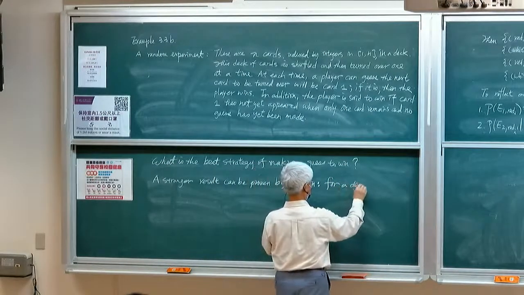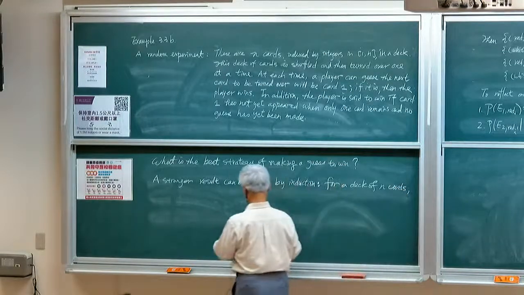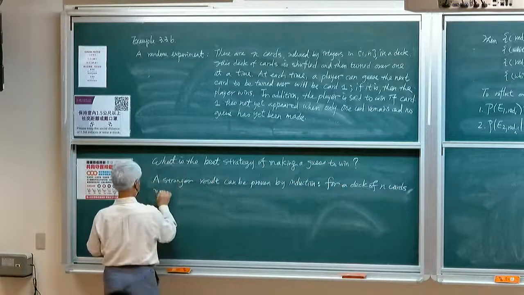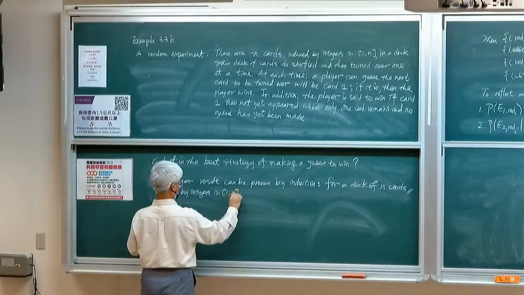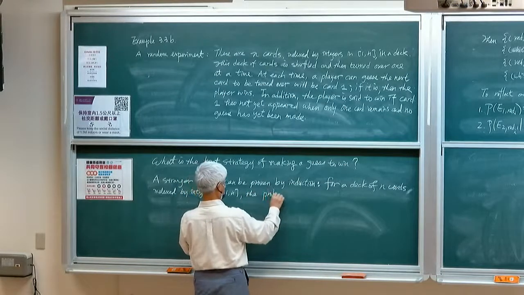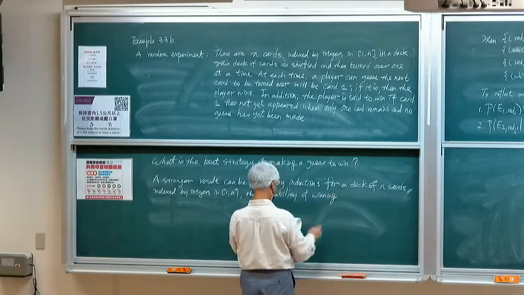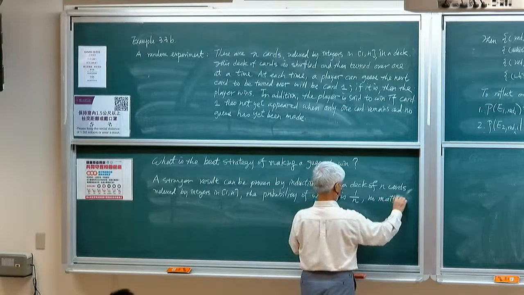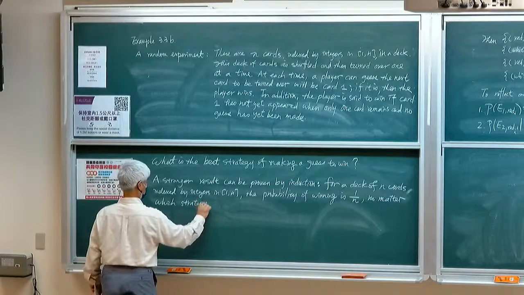For a deck of n cards, indexed by integers in 1 to n, the probability of winning is 1 over n, no matter which strategy is chosen.